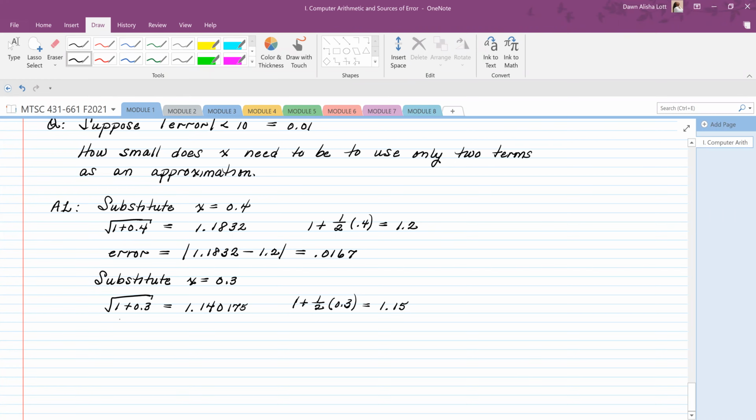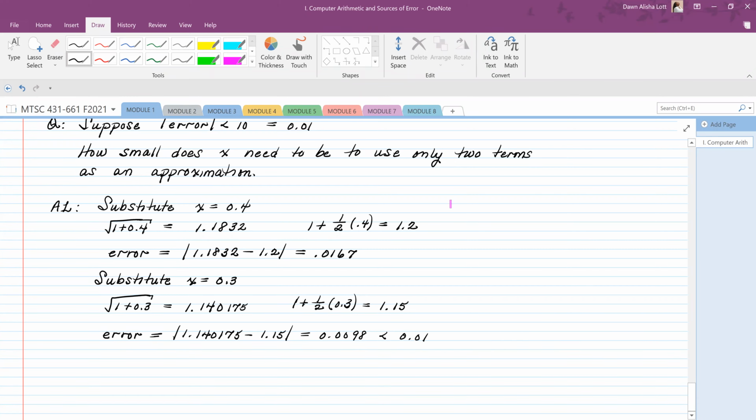So now the error is the absolute value of 1.140175 minus 1.15, and I end up with 0.0098. And that is indeed less than 0.01.